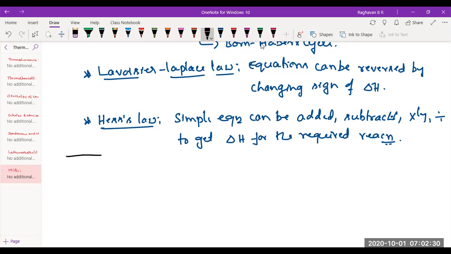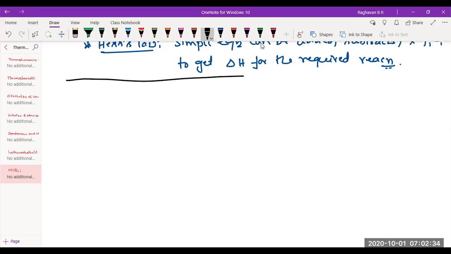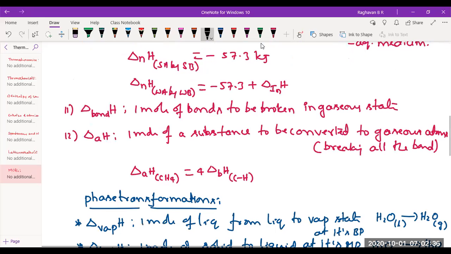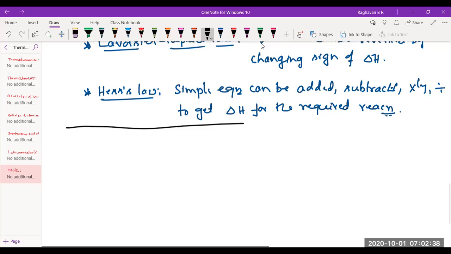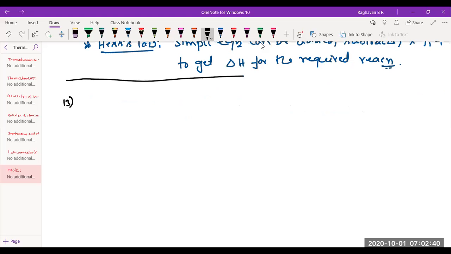After that we have spontaneity and non-spontaneity and related formulae. To start with, we have examples of spontaneity, non-spontaneity, etc. Here, second law of thermodynamics: entropy of the system should be greater than 0.